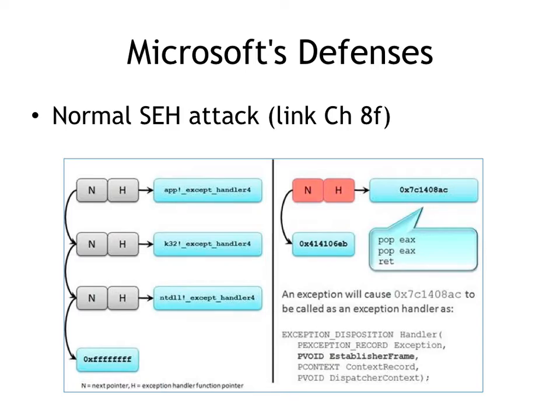Here's the exception handler going to various exception handlers, and here's the end of the chain. So here, I change that value to point to this other value, which is a location in memory that happens to have a pop return. So when I trigger an exception, it will do pop return, and that will jump to an address, which was also on the stack. So that's how you can redirect code.